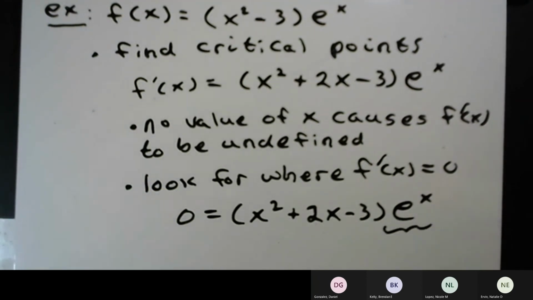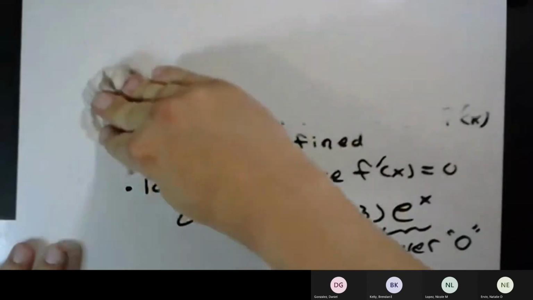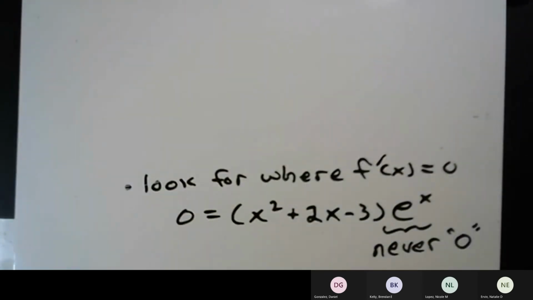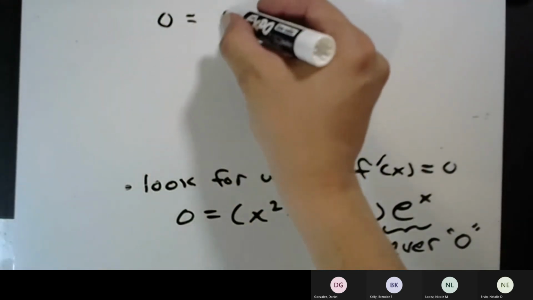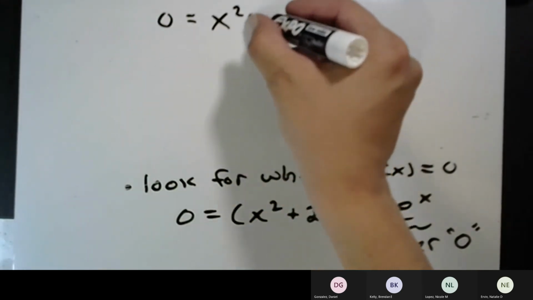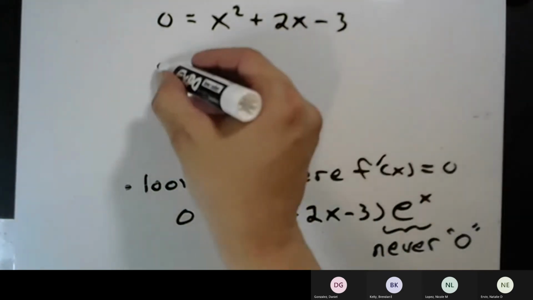Now, one thing to point out, this is never 0. So we can divide both sides by e to the x just to get rid of it. It's never going to be 0. So we can just sort of eliminate it that way. And so we'll get 0 equals x squared plus 2x minus 3.